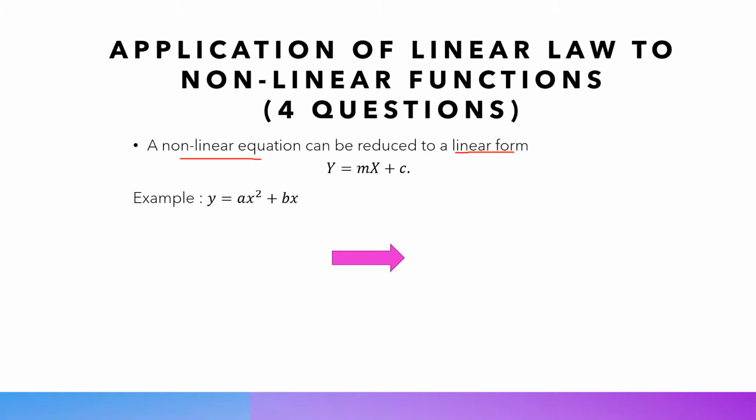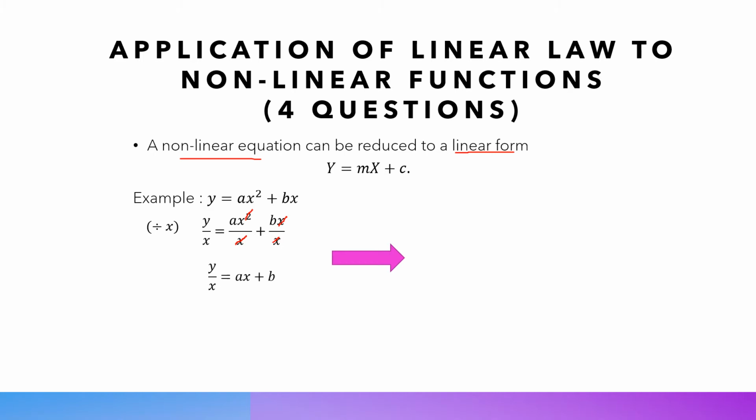You divide both sides by x. When you divide both sides by x, y over x equals ax squared over x plus bx over x. Now you can cancel x. Above is 2, below is 1, so just cancel 1. And then you get this.